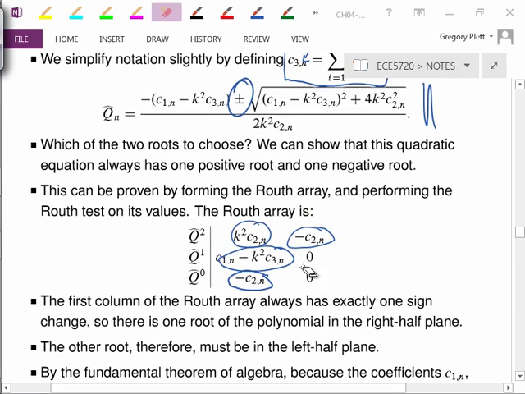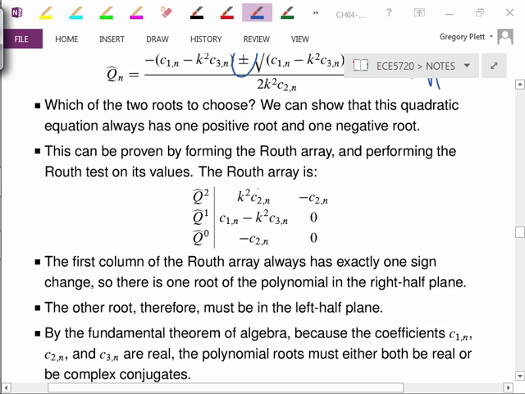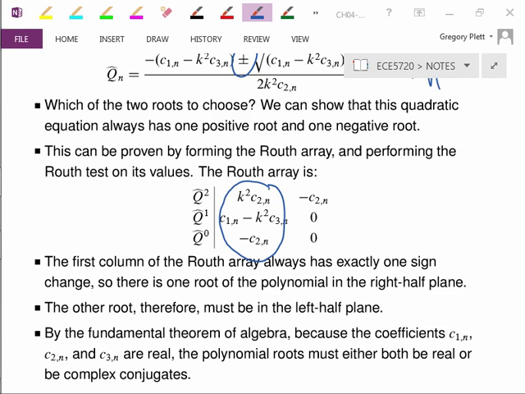That's the Routh array. The Routh test says, look at the entries in the left column and count the number of times the sign changes from positive to negative and from negative to positive. And the number of roots of the original polynomial that are in the left half plane is equal to the number of sign changes.